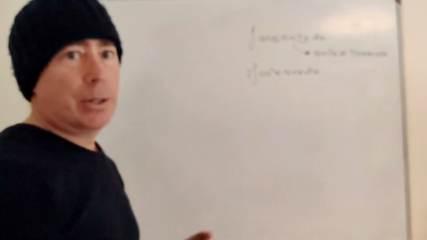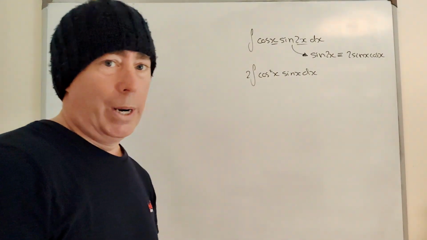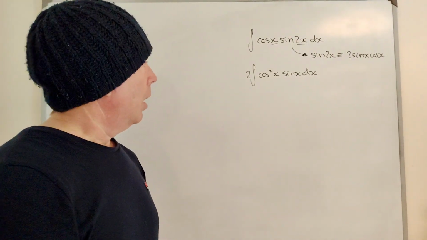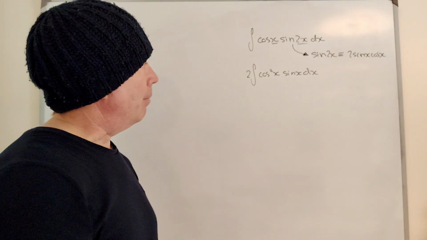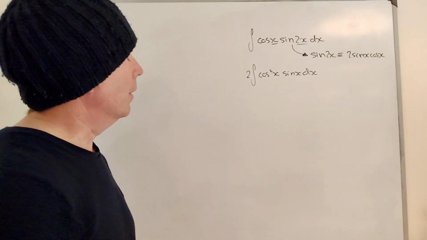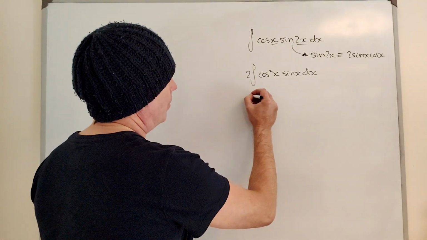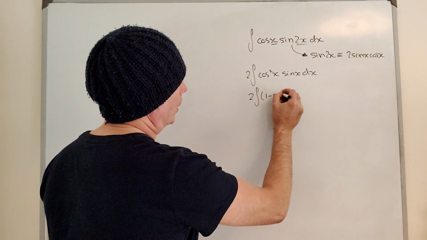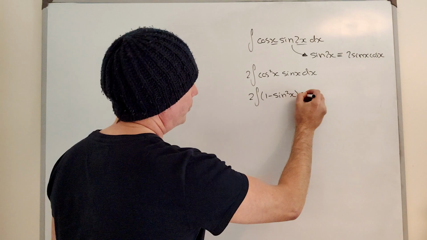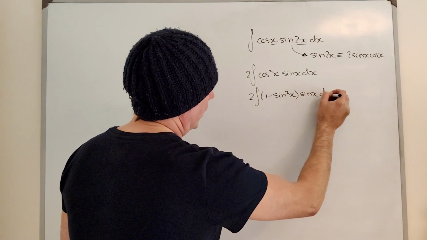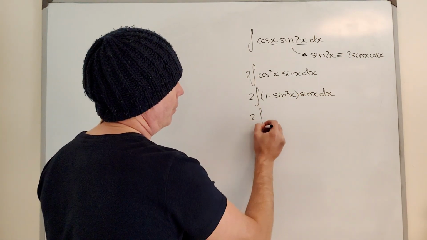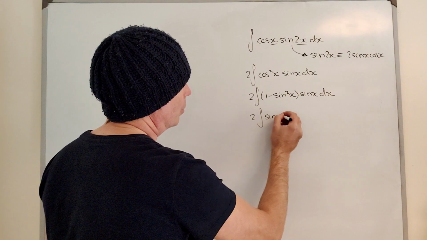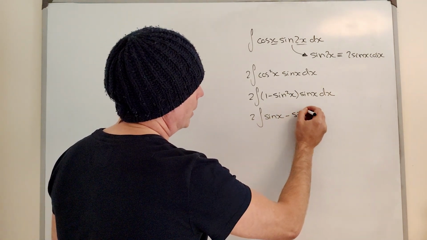Now everything is in terms of x, but we've still got a mixture of trig functions. I've got a cos squared in there. So I'd be tempted at this point to change my cos squared to the well-known identity 1 minus sin squared x. And this will enable us to put everything in our integral in terms of just one trig function, which can be beneficial.